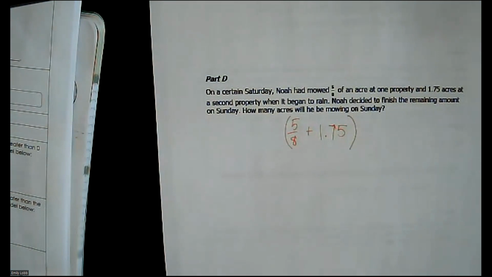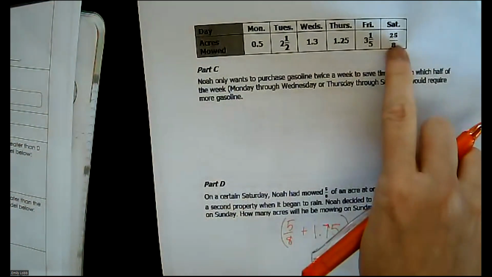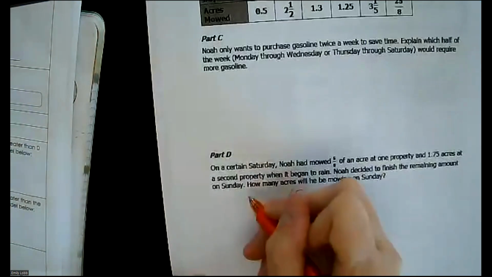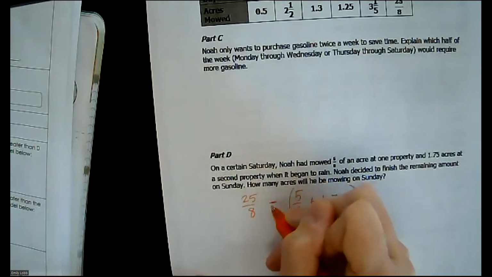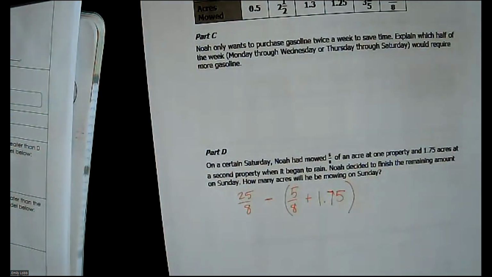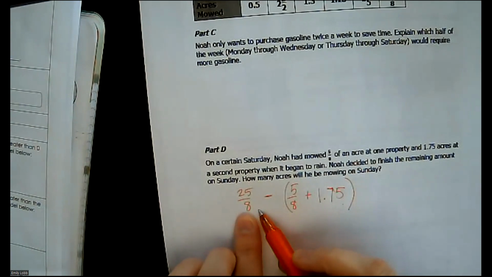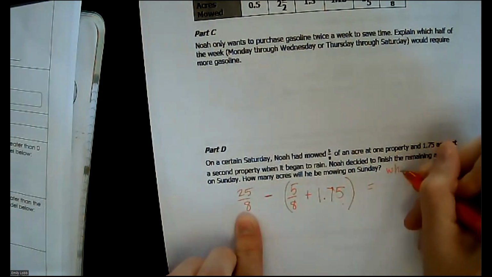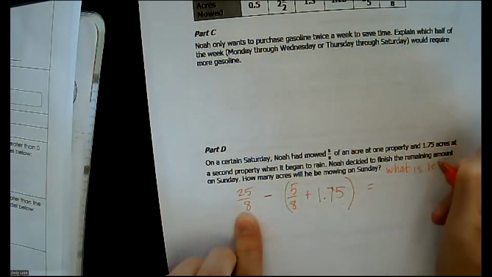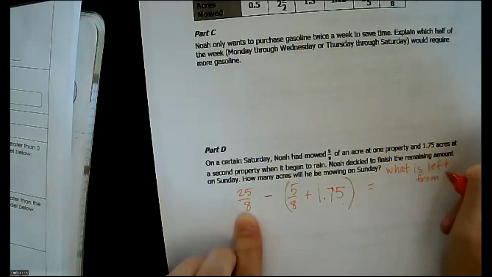What was he supposed to mow on Saturday? 25/8. So we're going to figure out how much he already mowed and subtract it from the total he had to mow to figure out what was left. This equals what is left from Saturday.